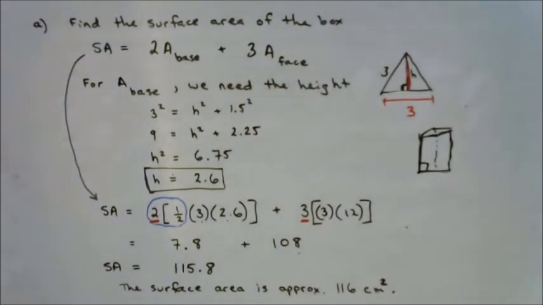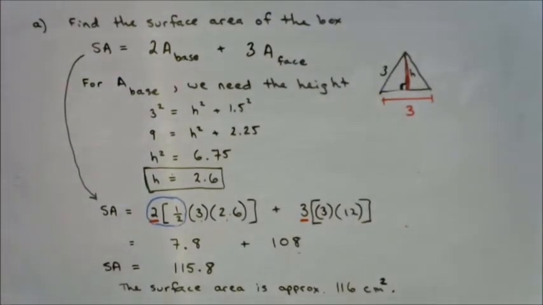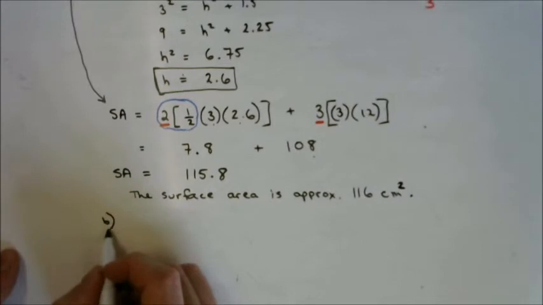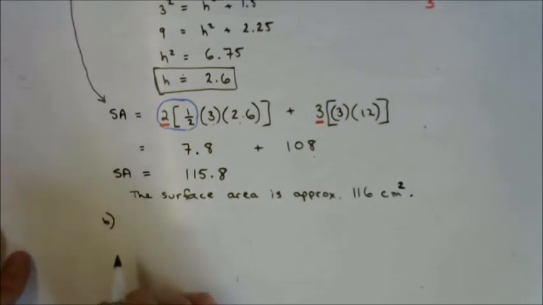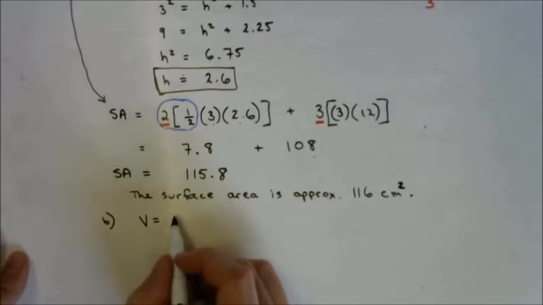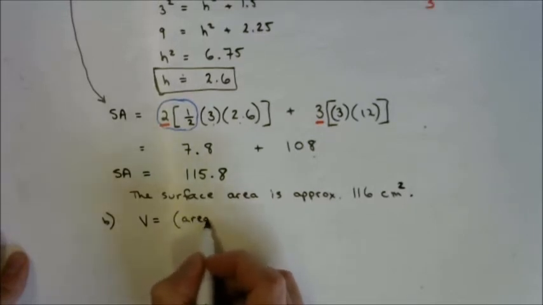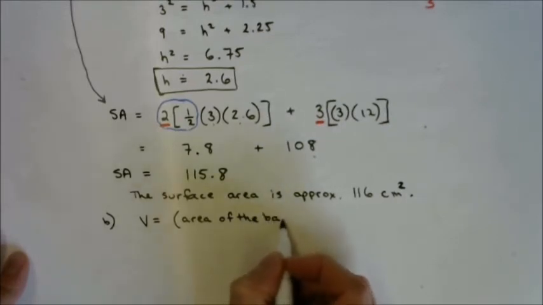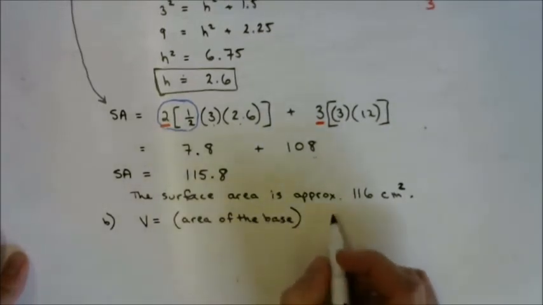Good. Okay. So it's pretty straightforward when we're calculating the volume of a right prism. It can be found using this formula. The volume is simply the area of the base multiplied by the height.